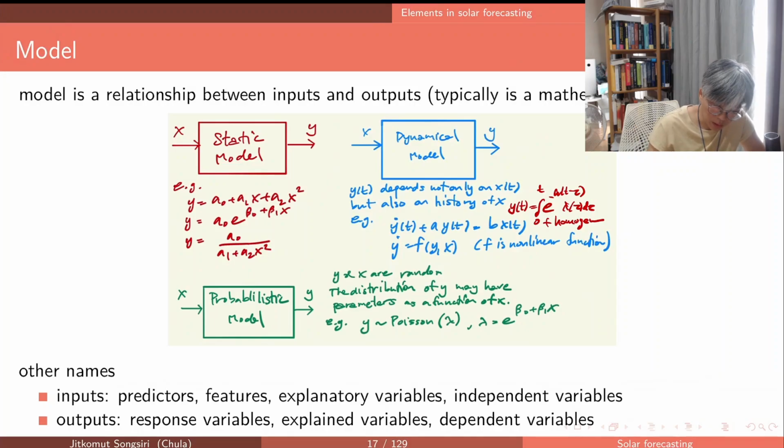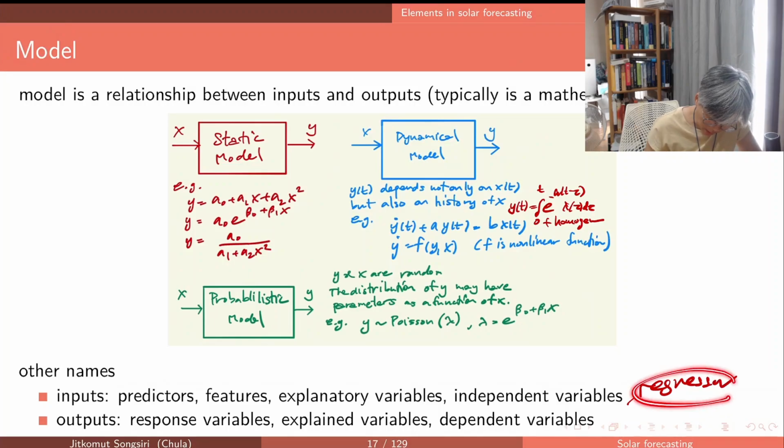In order to adjust some background so that you can follow easily, we will use these terms interchangeably all the time. When we say input, it's the same as predictor, features, explanatory variables, independent variables, or regressor.